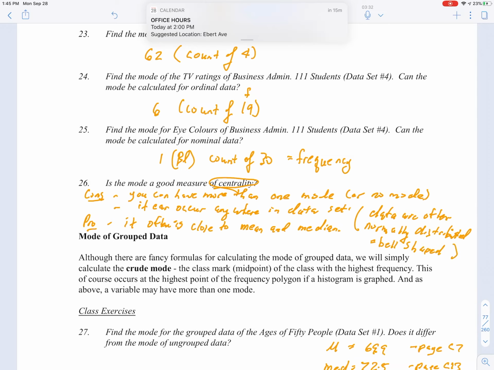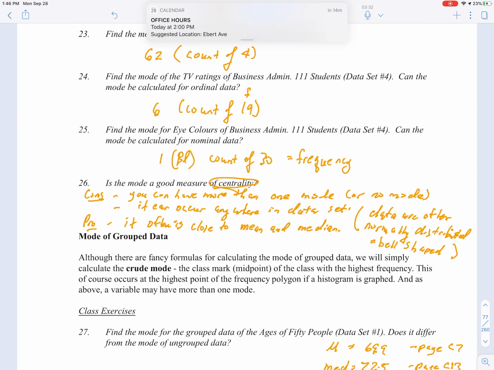But what it means is that if you take a look at, say, typical exam marks, their distribution, let's say the average was 60%, what you would find is that there would be a lot of people around the average of 60%. You might have a whole bunch between, say, 50 and 70. And then it starts to taper off as you get into lower marks and as you get into higher marks. That kind of bunching around the middle forms a bell shape, which we'll see. We call that the normal distribution.